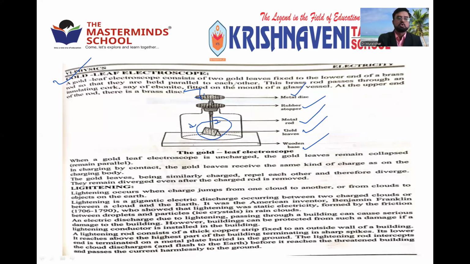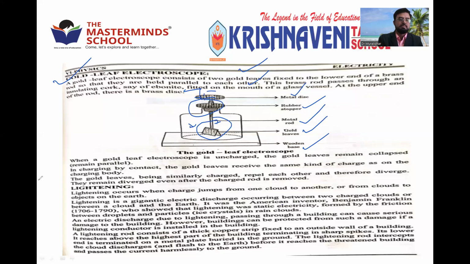The gold leaf electroscope consists of two gold leaves. It's very costly, so it is not commonly used. The leaves are fixed to the lower end of the brass rod, and they are held parallel to each other. This brass rod passes through an insulating cork, a single hole cork, ebonite fitted on the top of the glass vessel. At the upper end of the rod, there is a brass disc.